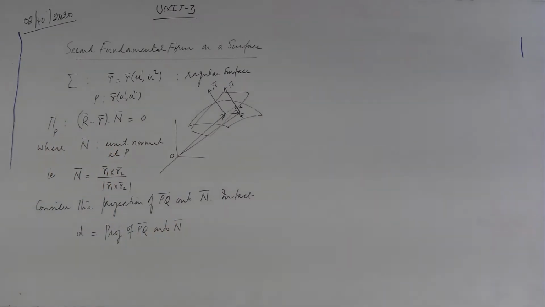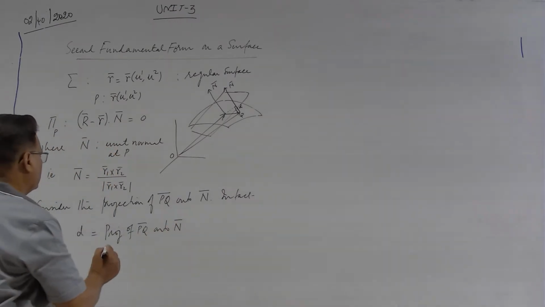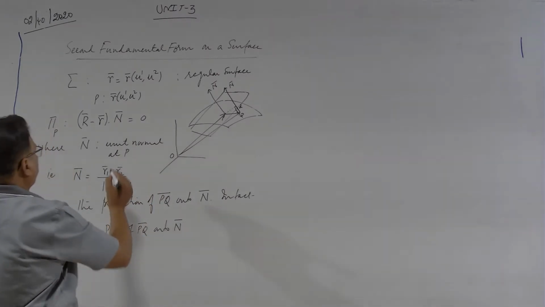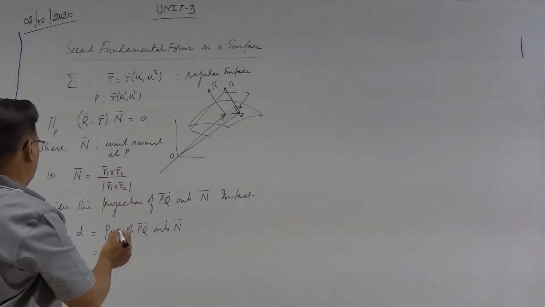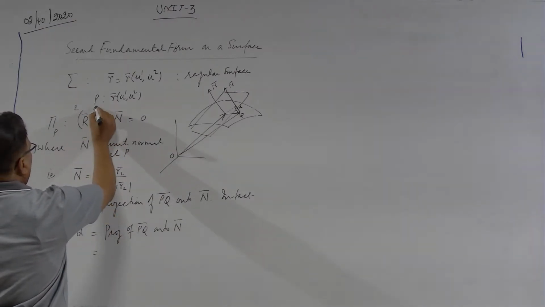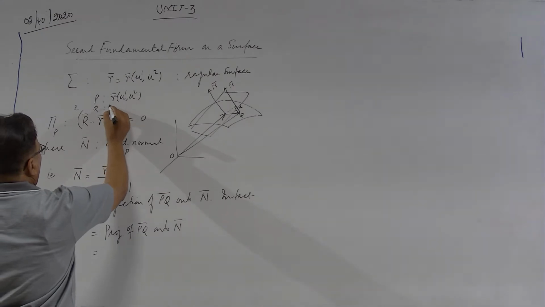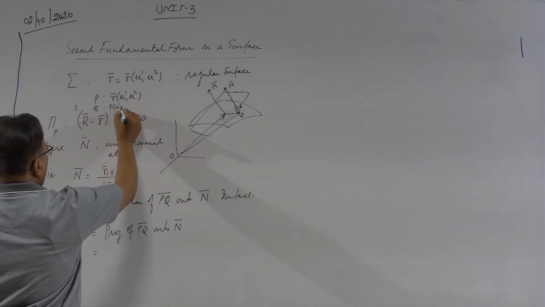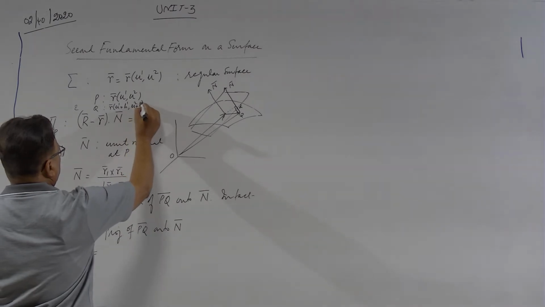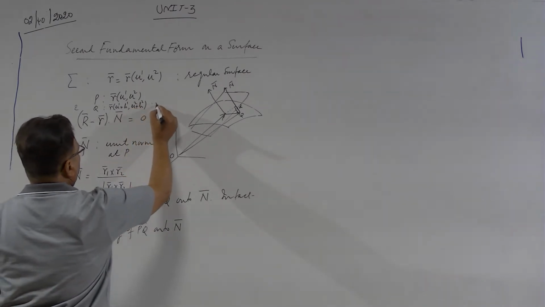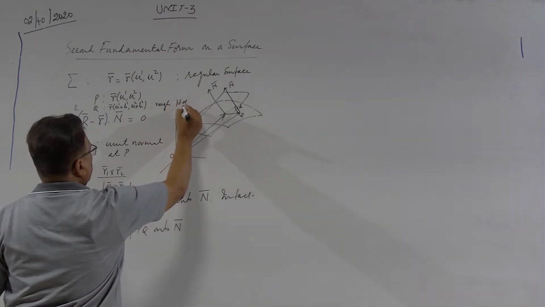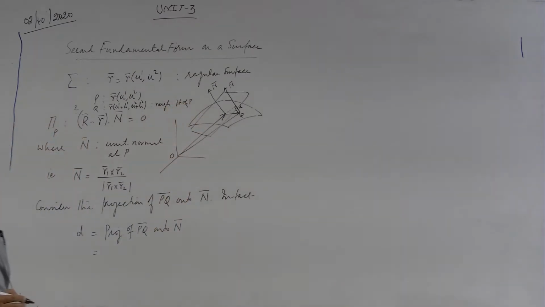And how much is this PQ vector? You can see from the figure. If point Q is a neighboring point, let me write it here, Q is r of (u1 plus h1, u2 plus h2). This is a neighboring point of P on the surface, of course.